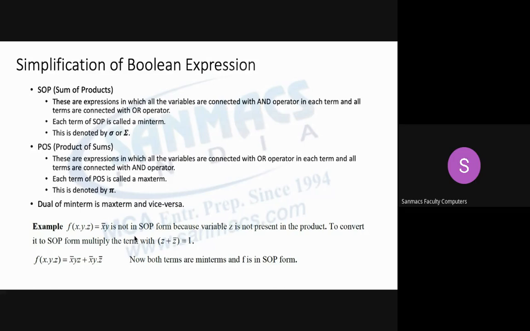On the other hand, if z is equal to 1, then not z is equal to 0. So 1 plus 0 is again going to be 1. Ultimately, we got this function where we have x bar y z plus x bar y z bar. Now both terms are minterms, and f is in the SOP form.